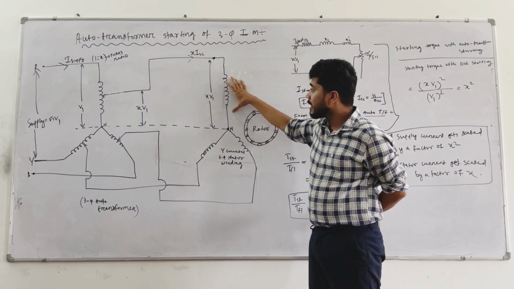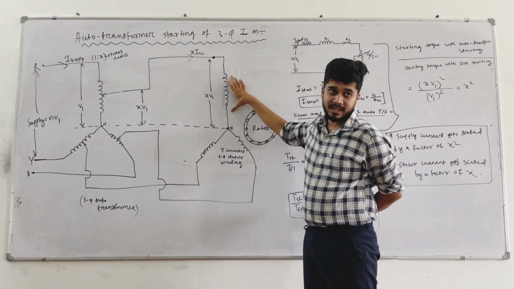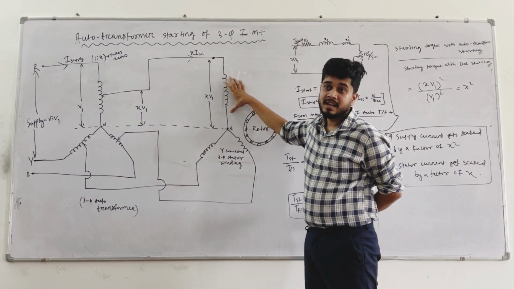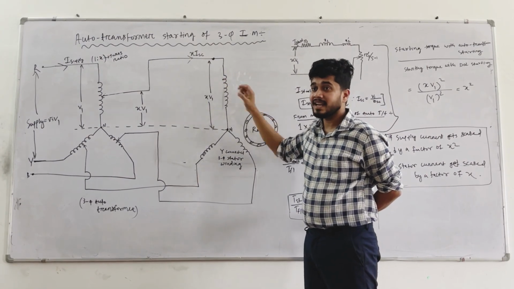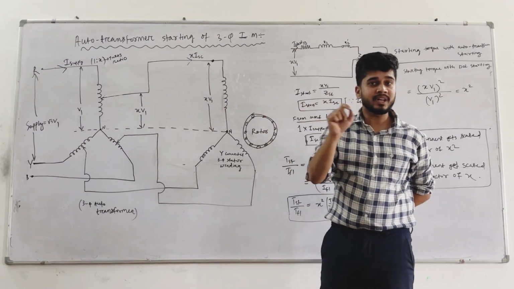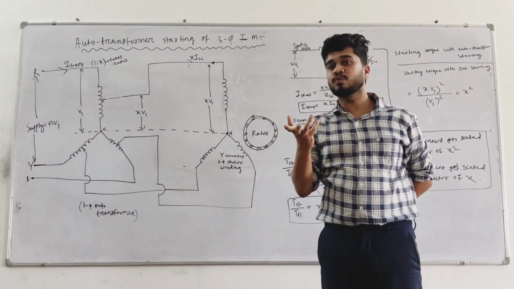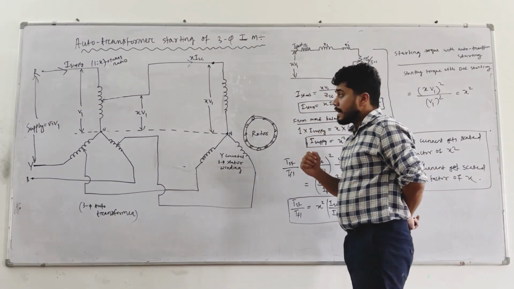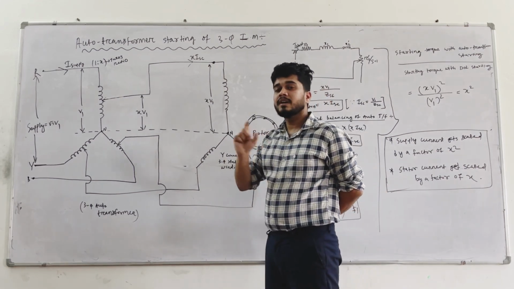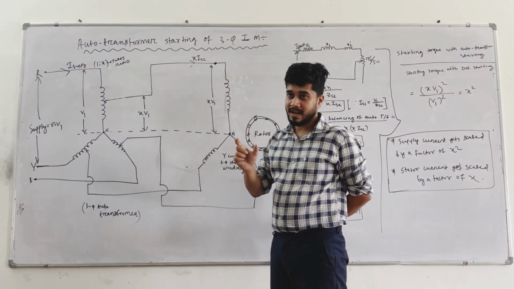So the starter winding is not getting V1 voltage; it is getting x into V1, where x is a value ranging between 0 to 1. It may be 0.1, 0.2, 0.3, or 0.4.